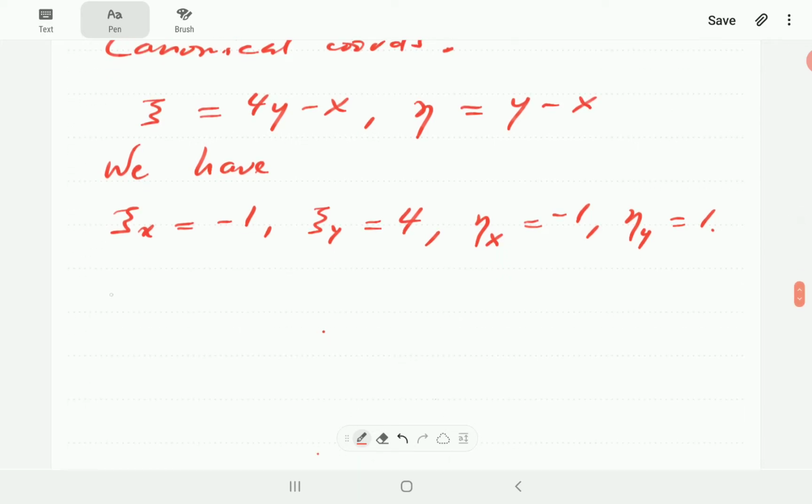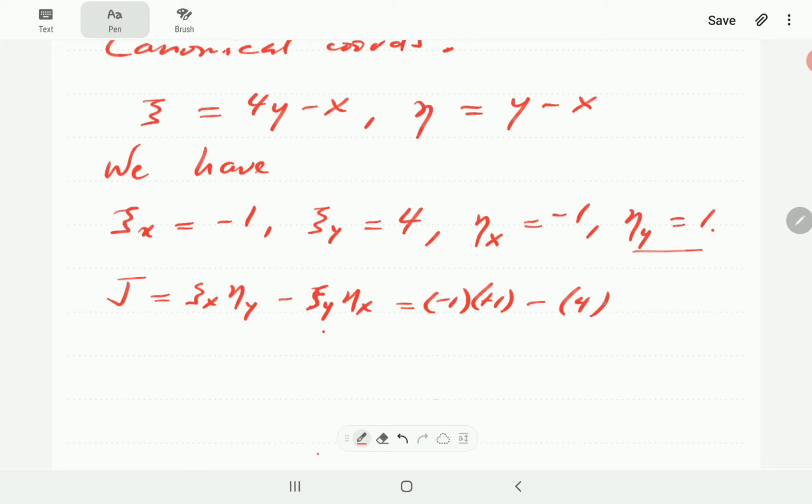So that means the Jacobian, which is xi x eta y minus xi y eta x, is going to be negative 1 times positive 1, then minus 4 times negative 1. This is going to be negative 1 plus 4, which is 3. This is non-zero, so that is perfect.